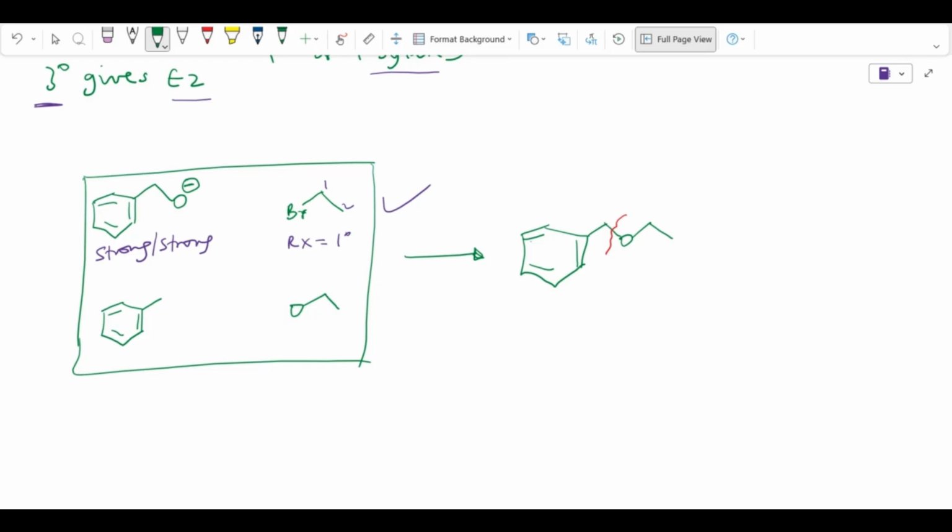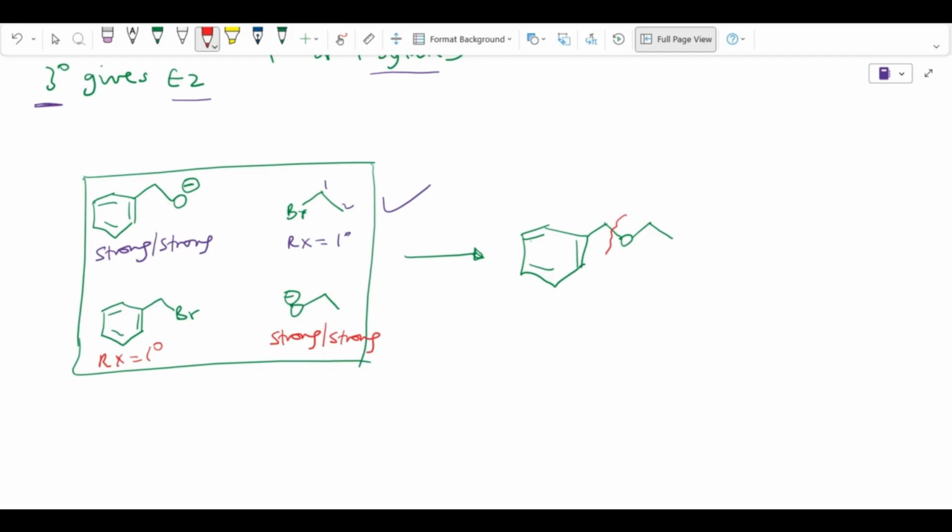So for the alkyl group, you can just give that a leaving group, say bromine. And for the alkoxy group, you can make that into a strong nucleophile by adding a negative charge to the oxygen. So here you have a strong nucleophile, which is also a strong base. And your alkyl halide is a primary alkyl halide.